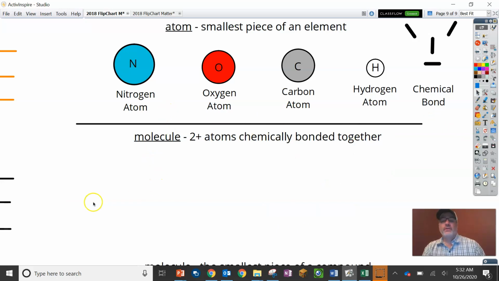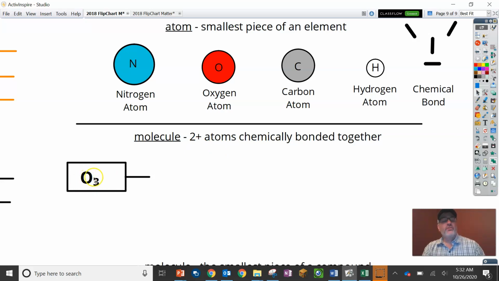All right, so the last one that I want to try to build is something called O3. O3 is something we've talked about in class. It is ozone. Ozone is that gas that we find in our atmosphere that helps block ultraviolet light. So let's build some O3. Now notice that I only have one kind of element here.